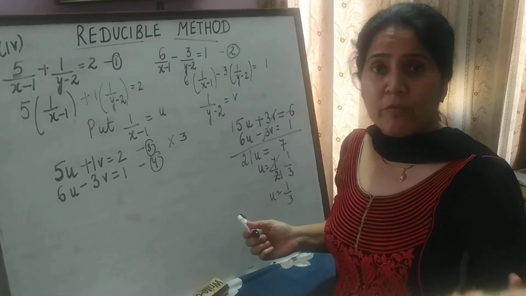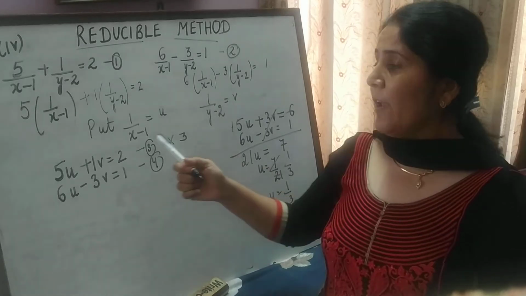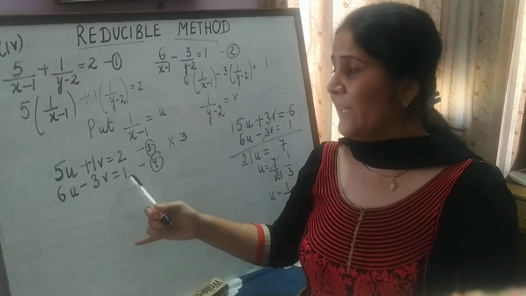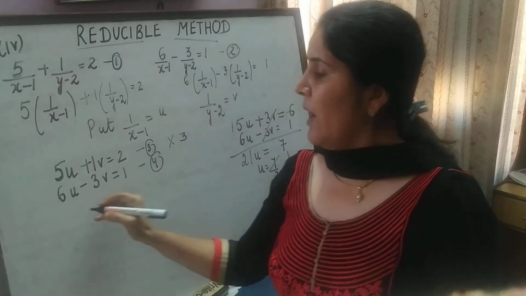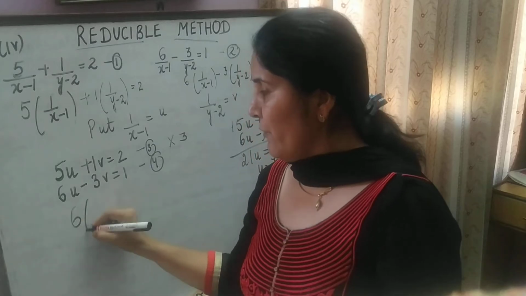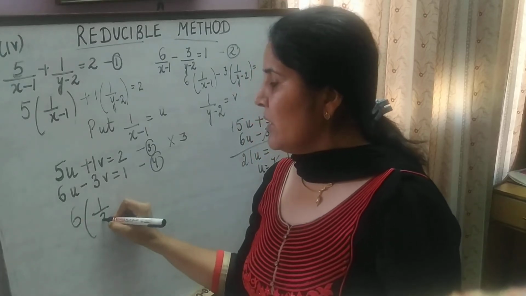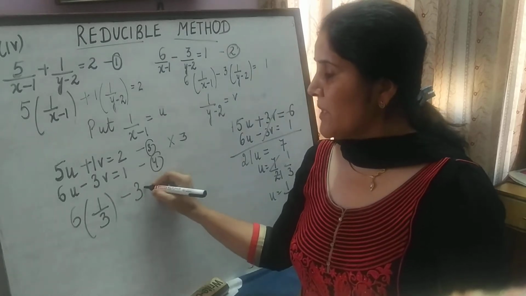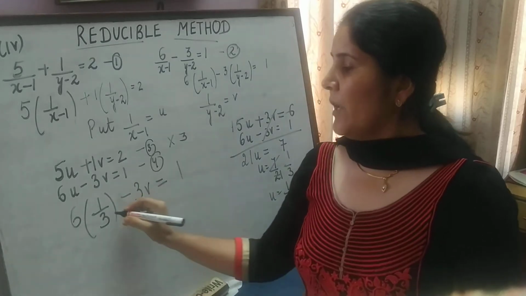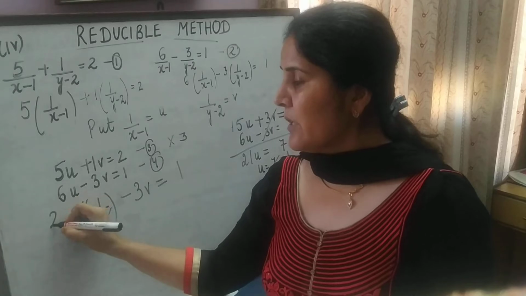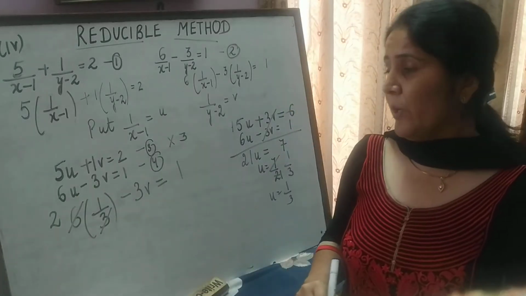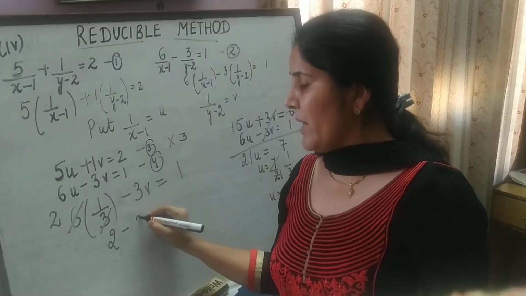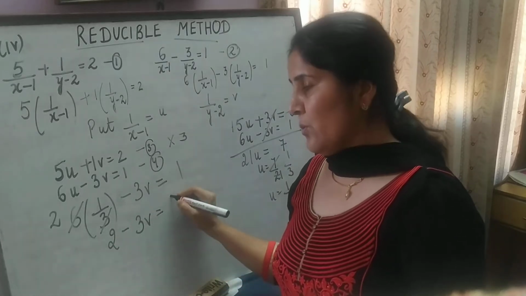I need to find out the value of v. To find out the value of v, I need to substitute the value of u either in equation 3 or 4. I am going to substitute in equation 4. Let us substitute. The value of u is equal to 1 upon 3. As you have seen, I have substituted. Now 3 and 6 can be cut; the 3 goes once and the 3 goes into 6 twice. 2 multiplied by 1 is equal to 2 minus 3v is equal to 1.